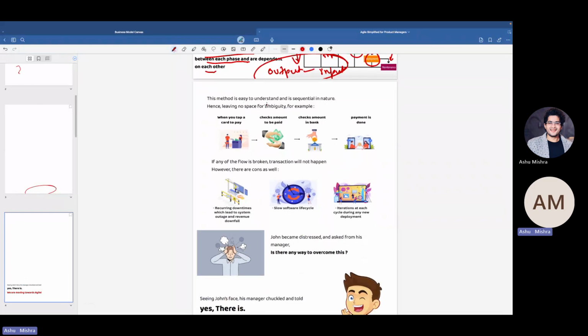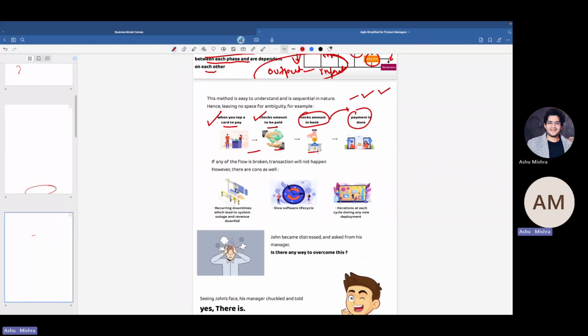For this, John's manager gave him an example. Let's say you go to a grocery store and you tap a card over there. What the system does is first check the amount that has to be paid. Then the system checks the amount in the bank, and if both of these criteria are met, only then the payment is done.